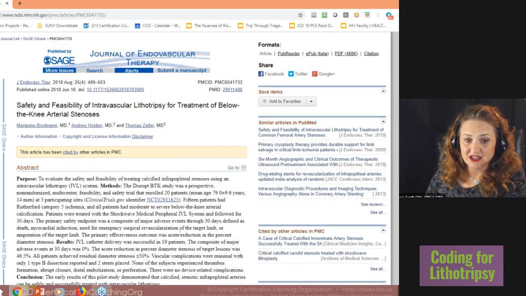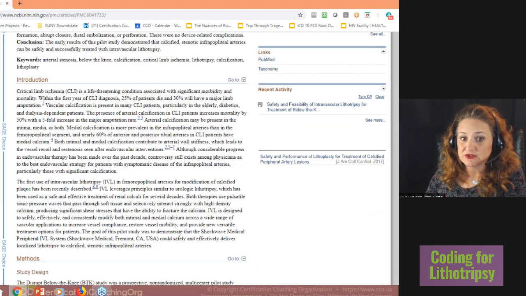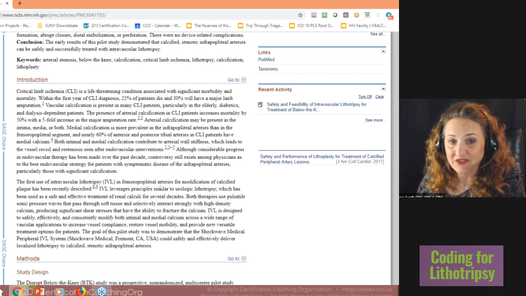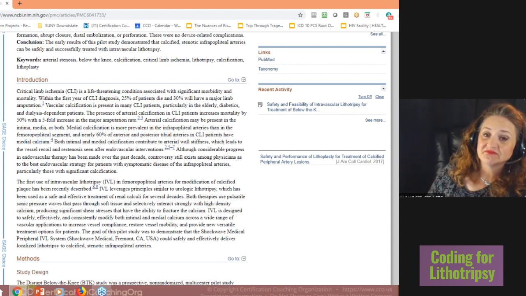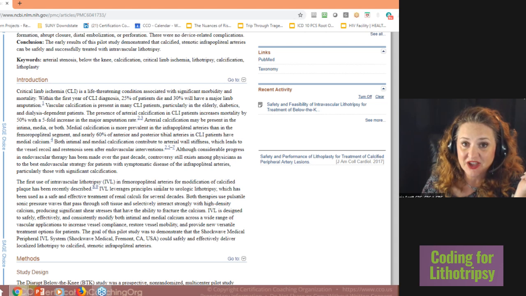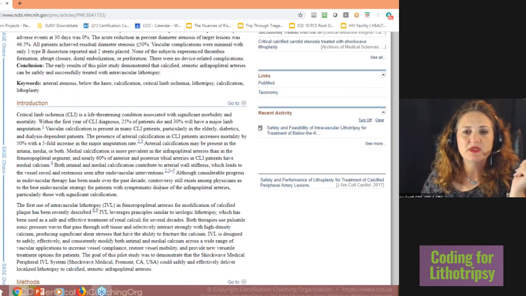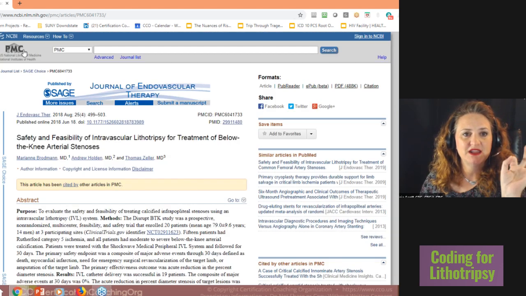Now, it doesn't look exactly like this, but this is the verbiage they're going to use. So you need to know things like what an IVL is, what femoral popliteal artery. If you don't know where that is, that you need to go find out, right?